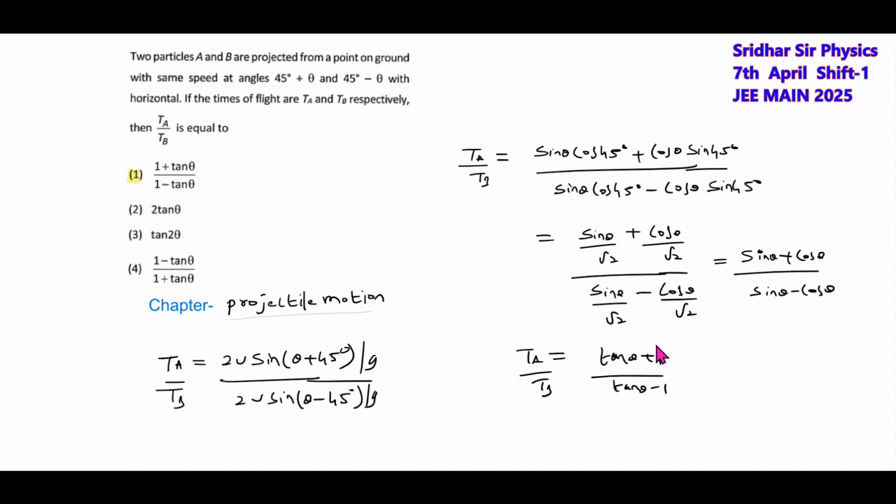Or this can be 1 plus tan theta over 1 minus tan theta. Yeah, there's an option you can pick up.